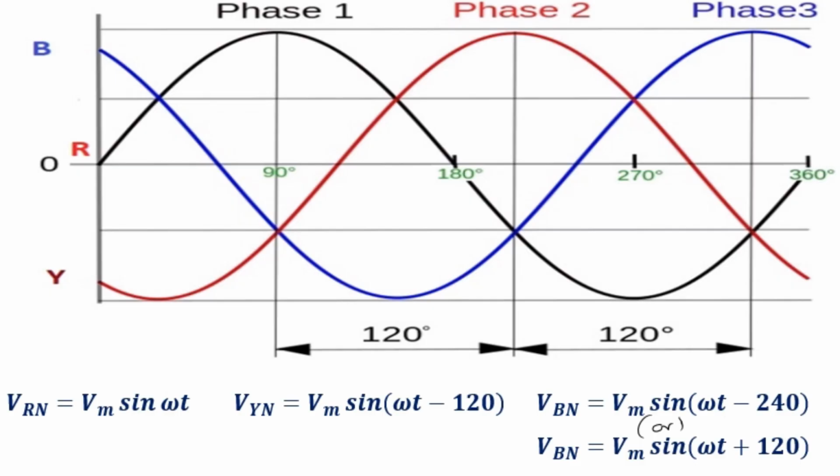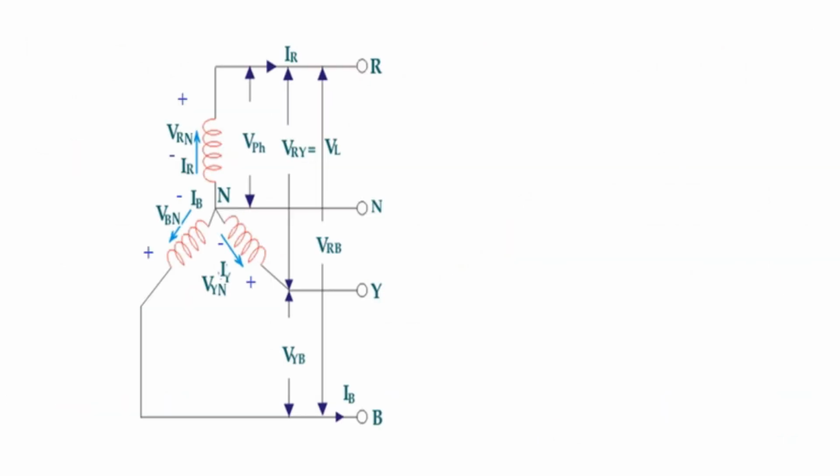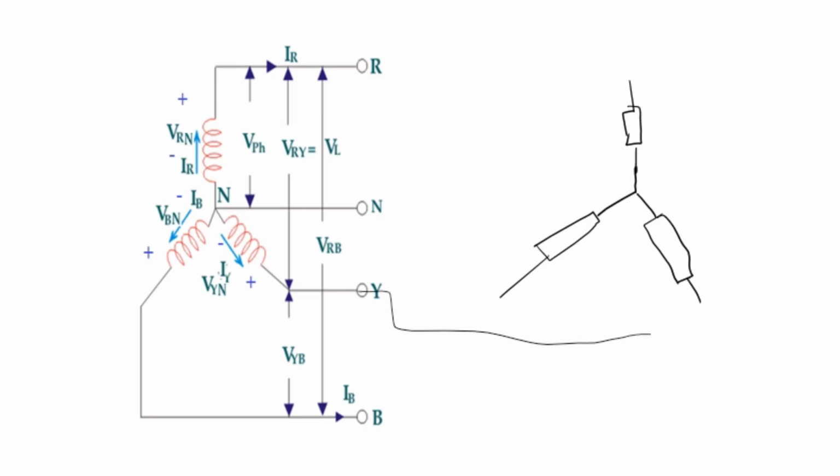Now consider a three-phase system with a balanced three-phase load. Here Y and Y are connected, and B and B are connected.